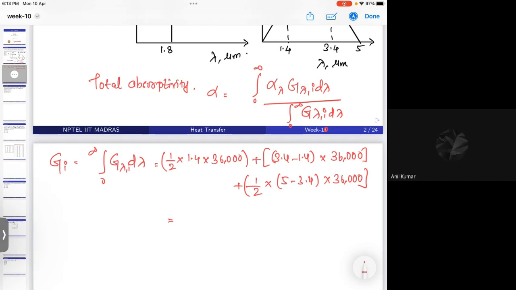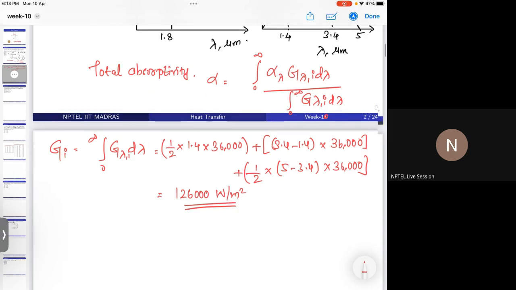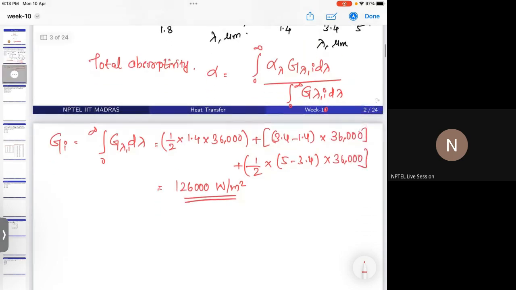So 126,000. Yes, 126,000, watt per meter square. So this is the total incident radiation over the entire spectrum.